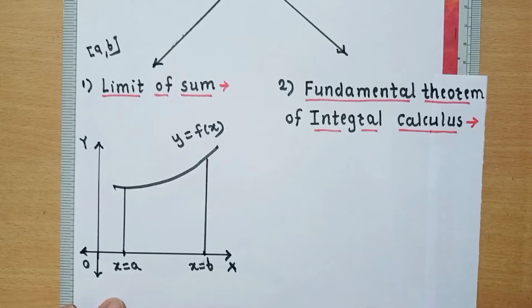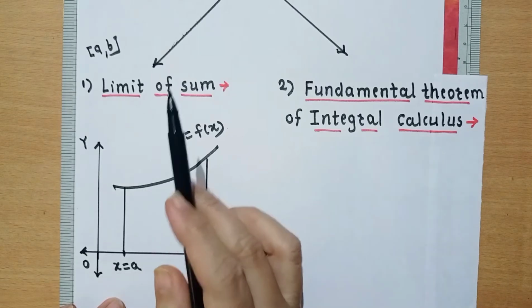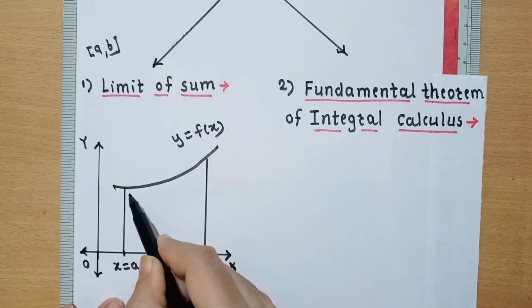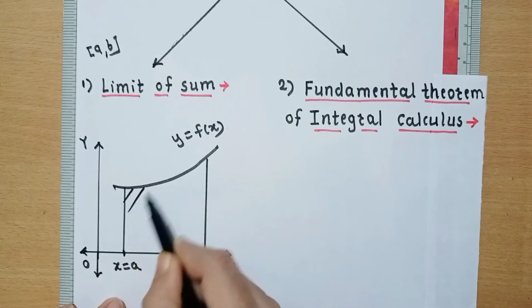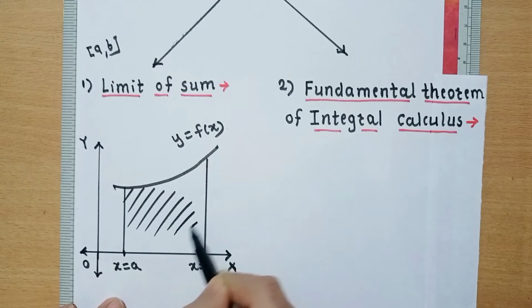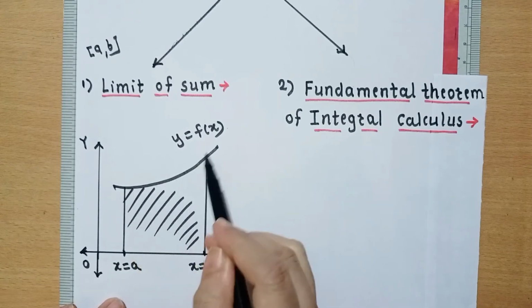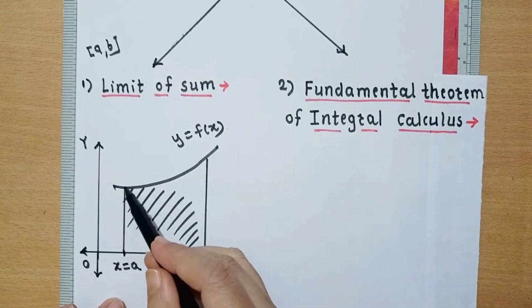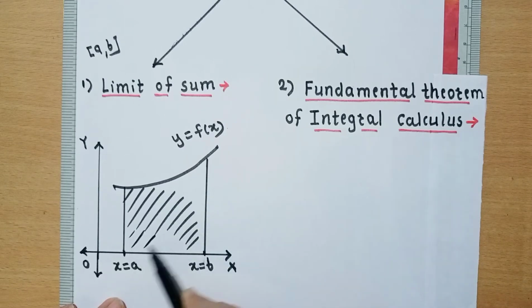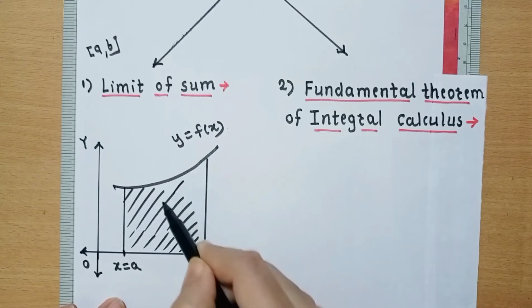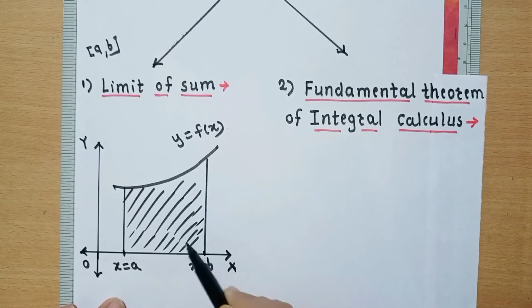Now this definite integration from a to b means area under the curve. That means this area which is bounded by this curve, the x-axis, the line x is equal to a and x is equal to b, is called the definite integration of f(x) from a to b. Now more detail we will see afterwards in this lecture only.